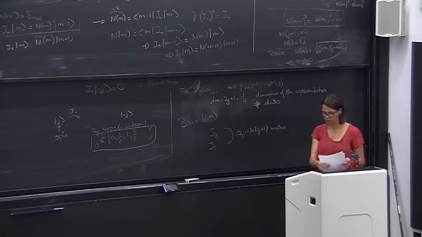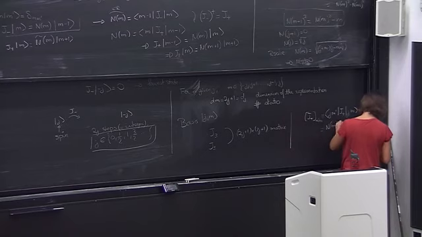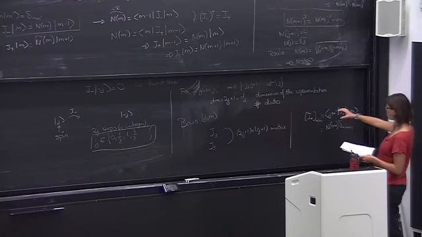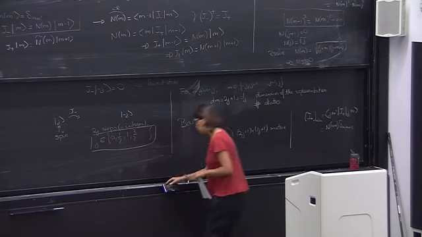So for example, if we just look at J plus, the matrix element with the indices M prime M is given by, and here you get that this is going to be M prime, M plus 1. Okay, so this is one of the matrix elements.